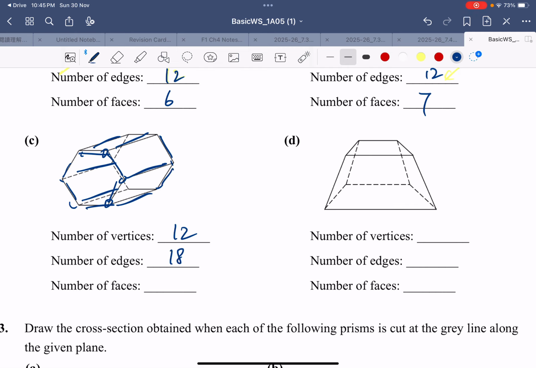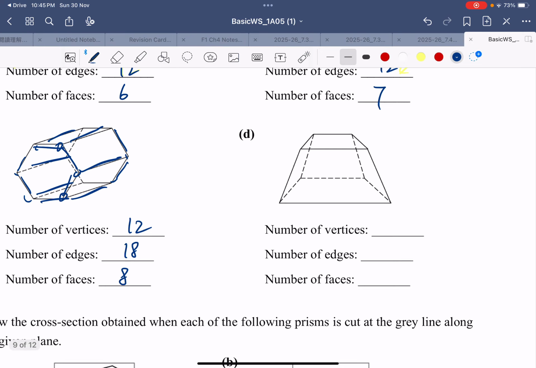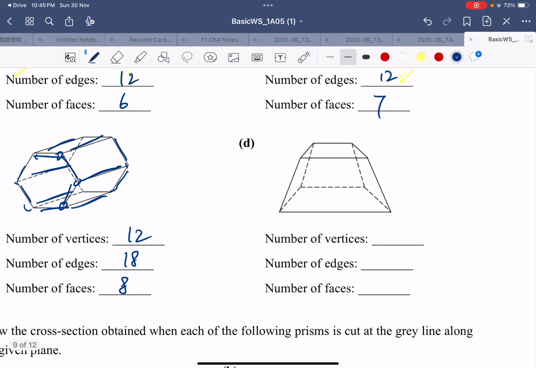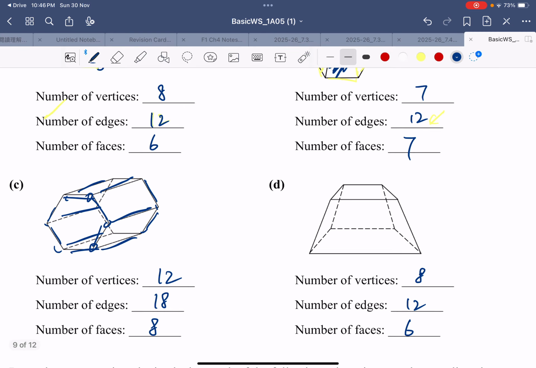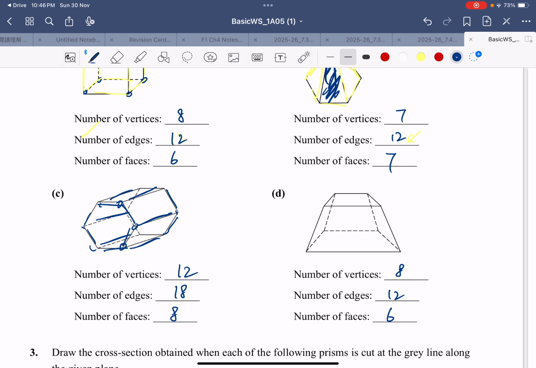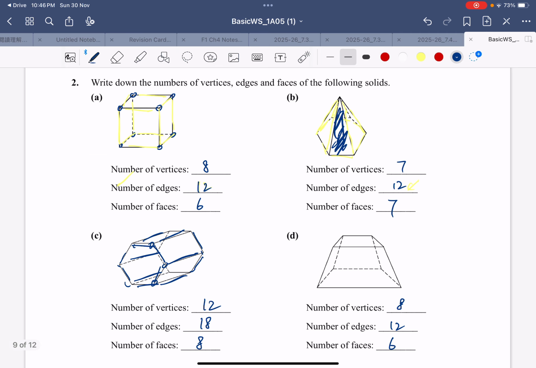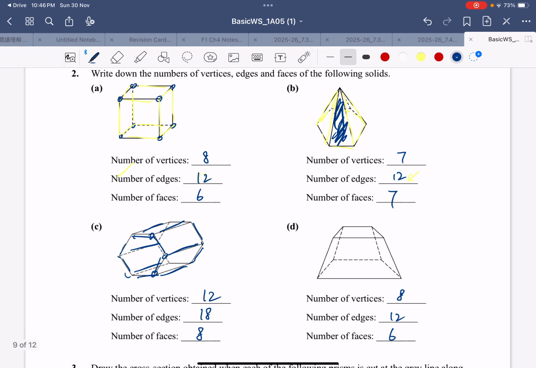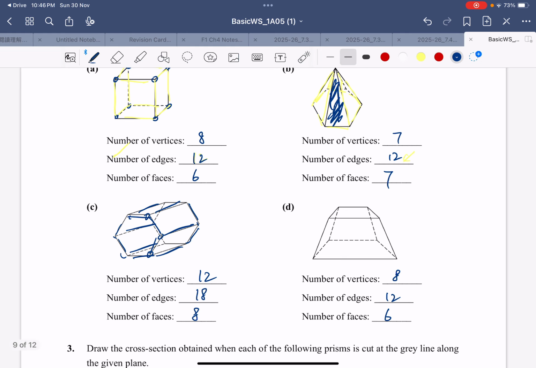Faces: 8 faces in total. And then here we have number of vertices 8, number of edges 12, number of faces 6. So these are the answers for all the polyhedrons here.